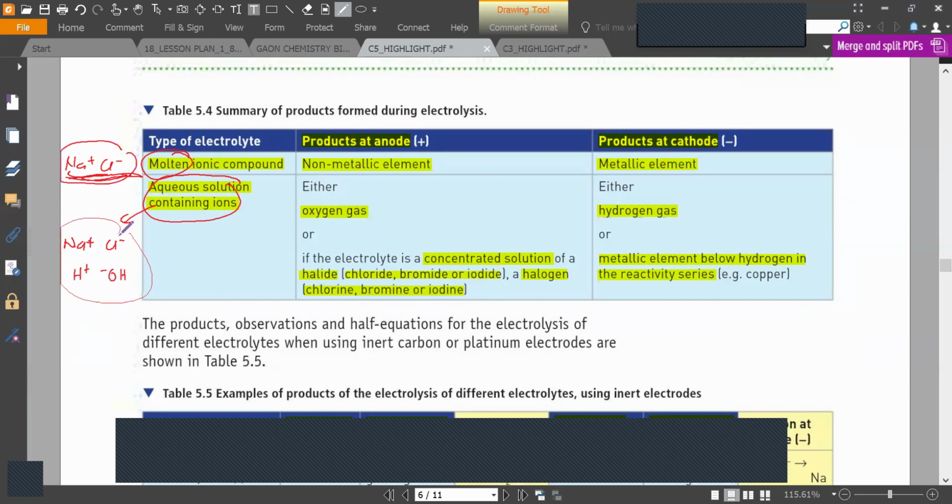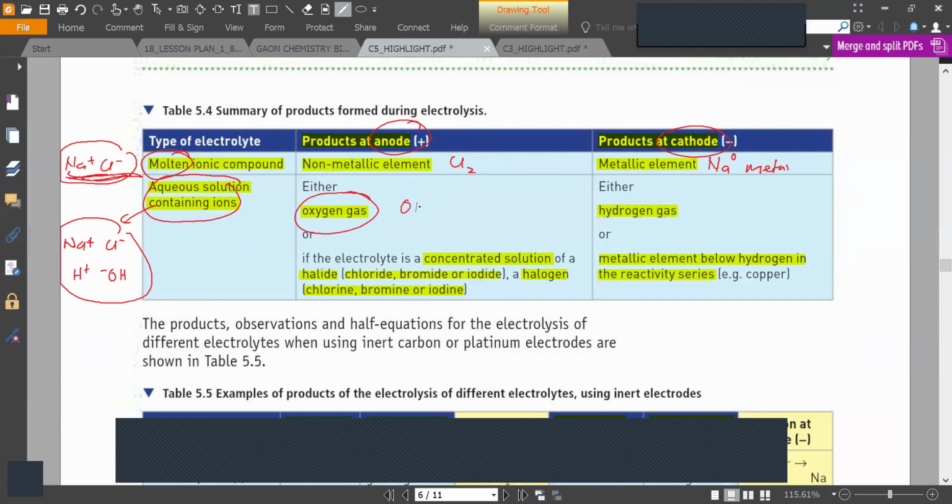So this will be more complicated. Here we only have two products: chlorine gas and sodium metal, just like that. But here we can get oxygen gas.